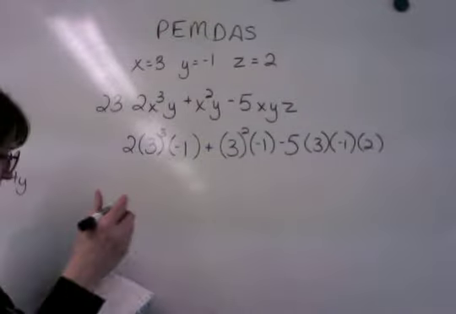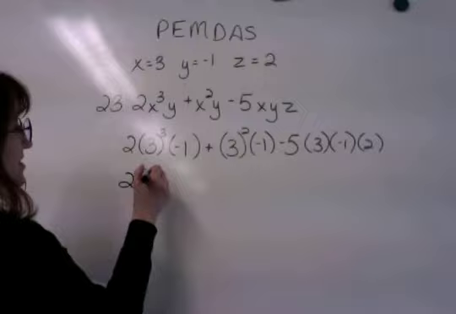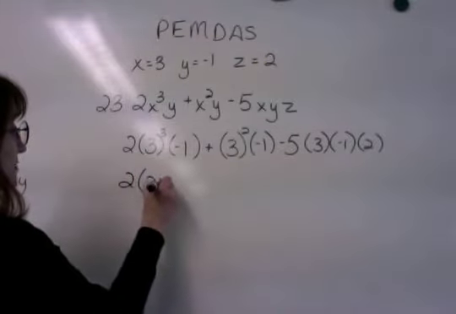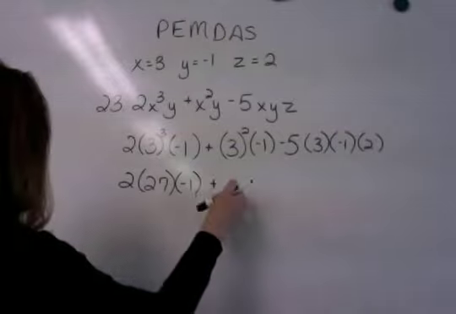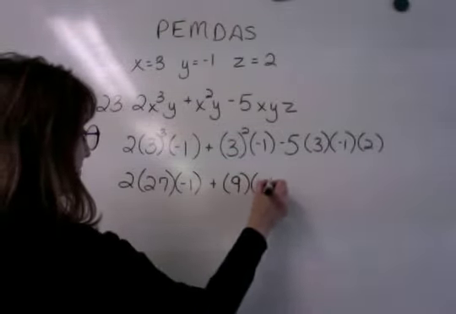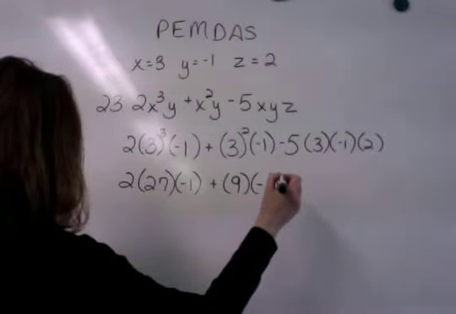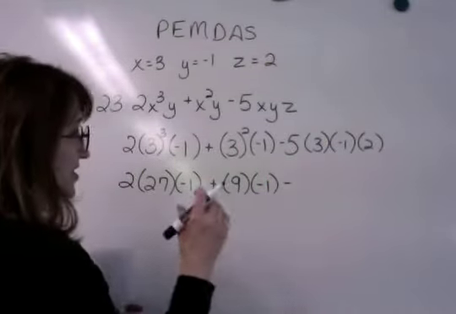So let's just go through here step by step. I'm going to do the exponents. So that 3 cubed is going to become a 27. This 3 squared is going to become a 9. And yes, I'm probably doing multiple steps here, but I'm just trying to show you the next step.